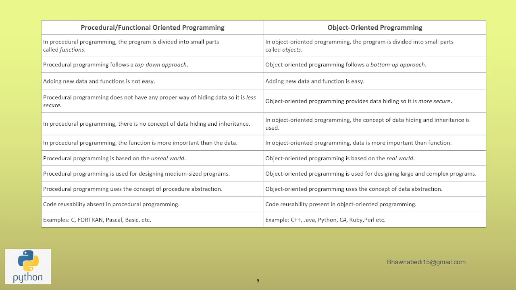Now, when you talk about C and Pascal, these were the languages which were pretty common maybe 10-15 years back. At least people used to learn these languages 10-15 years back. But right now, you have Python, Ruby, and Perl, where people actually learn these concepts of object-oriented programming. Procedural programming does not mean that procedural programming is bad.